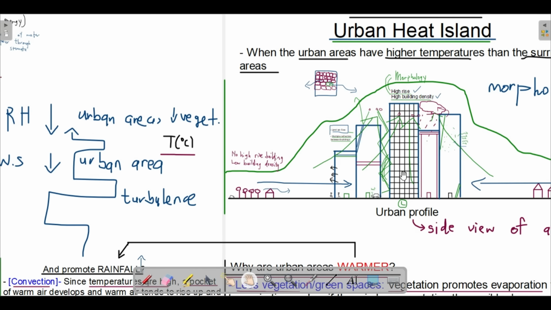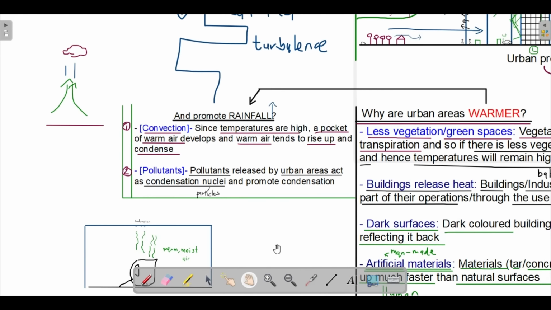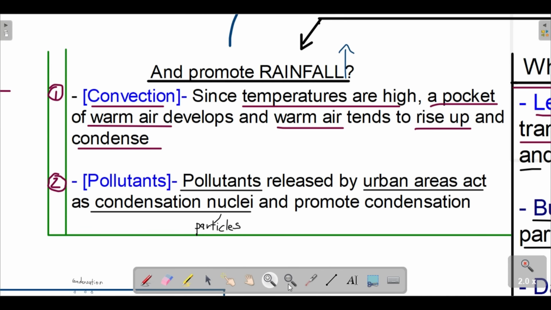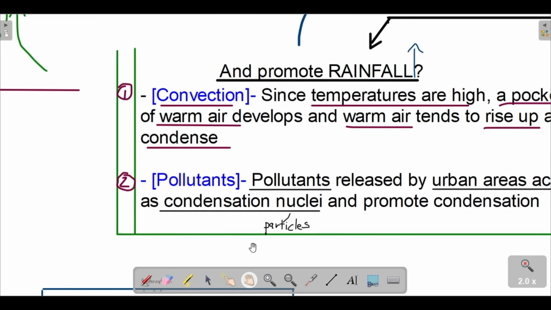The warm air particles condense onto these, and of course rainfall will follow. So these pollutants provide the surface on which to condense. These condensation nuclei are also called hygroscopic nuclei, just in case you come across that, and these promote condensation.